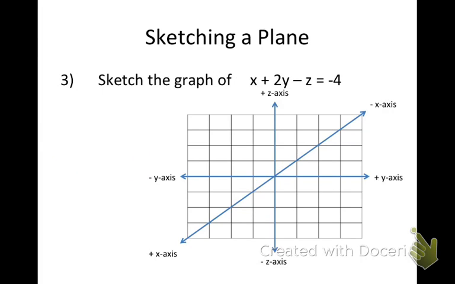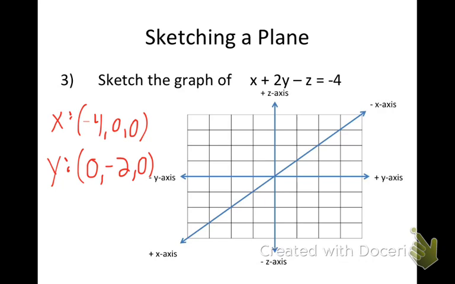Last one. Try this one on your own. Again, find the intercepts and shade the plane. All right, so number 3 here, I'm going to find my intercepts. King, what's my x-intercept? Negative 4, 0, 0. Hannah, what's my y-intercept? 0, negative 2, 0.